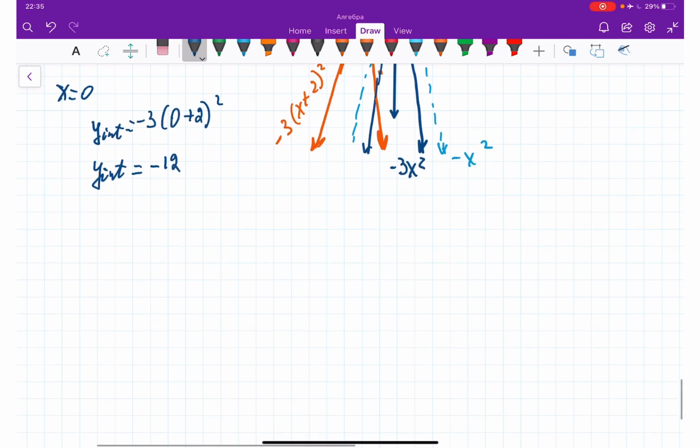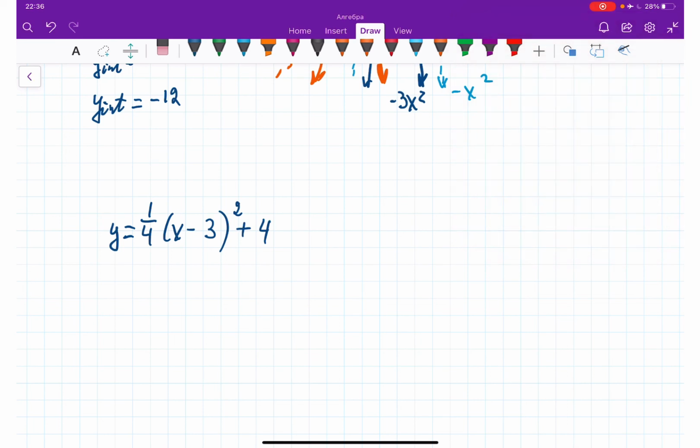So y is equal to 4 times (x minus, well, let's this time put 1 over 4. Everywhere we have a whole number, let's do 1 over 4. There we go. (x minus 3) squared and then plus 4.